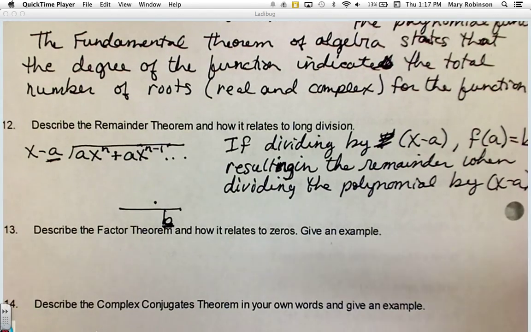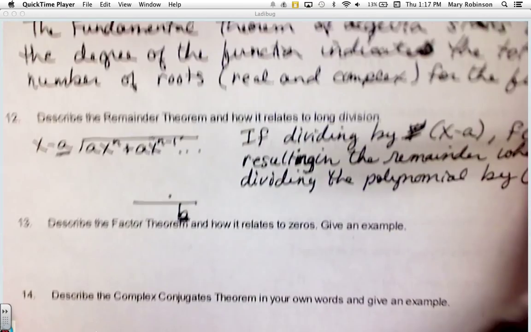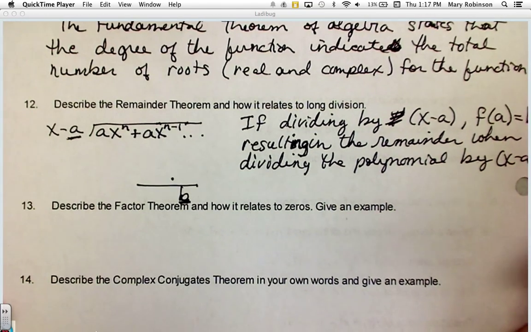All right, next, describe the factor theorem and how it relates to zeros. Give an example. So the factor theorem is directly related to the remainder theorem.